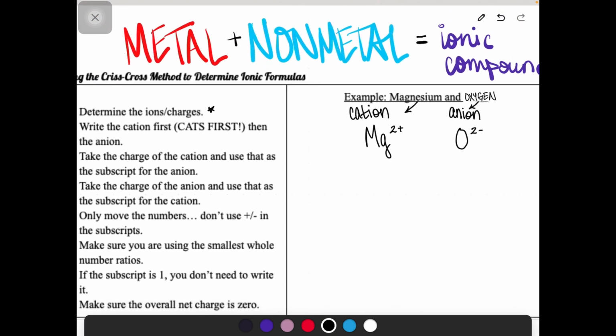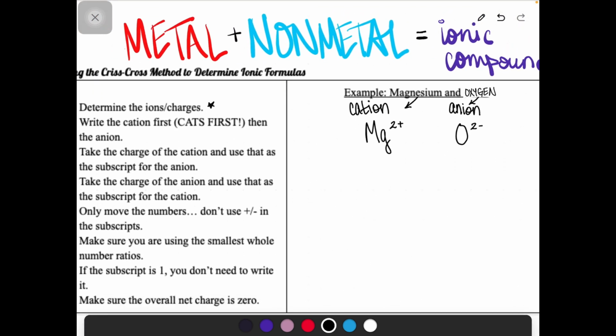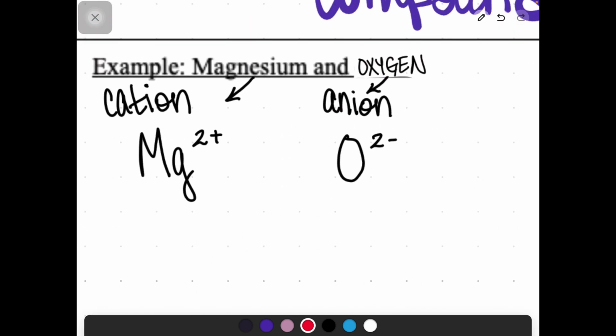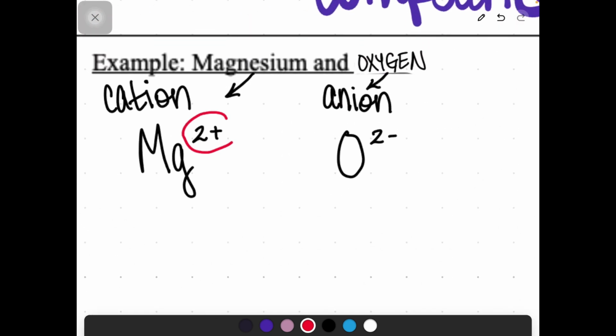Okay. Write the cation first. Good, right? We have magnesium as our cation, that's first, and the anion is second. Take the charge of the cation and use that as the subscript for the anion.